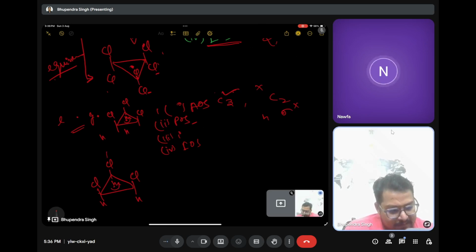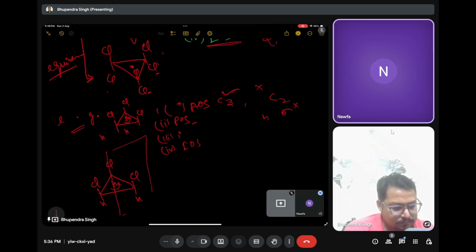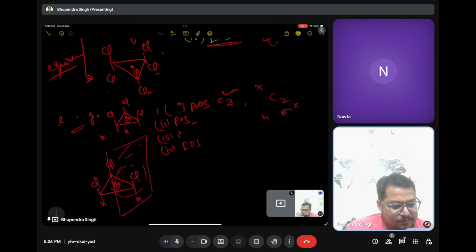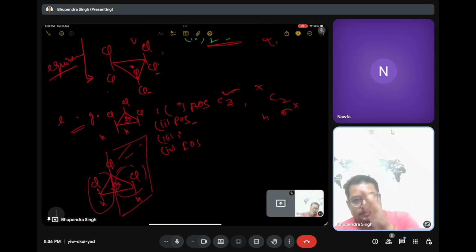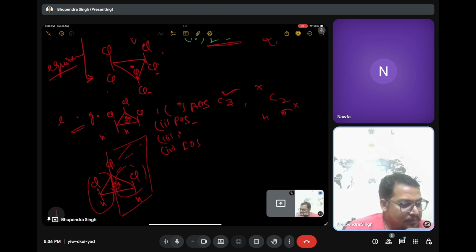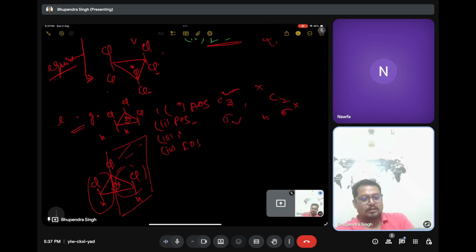Now consider this plane. This plane will contain this Cl and H, and this portion is similar, equivalent. So sigma V is present. Now I have told you one sigma V. So now how many sigma V can you find out?